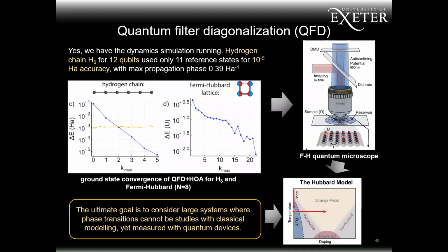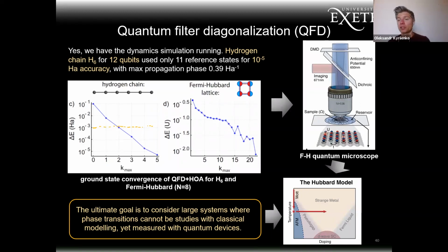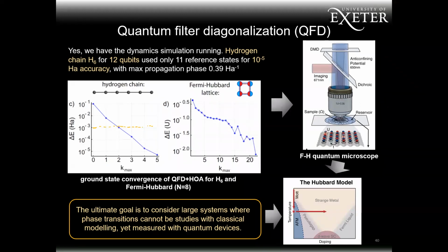My worry originally was that whether you have a gapped or gapless system would hurt the quantum filter diagonalization. But it actually didn't. We tried both cases, so it works.